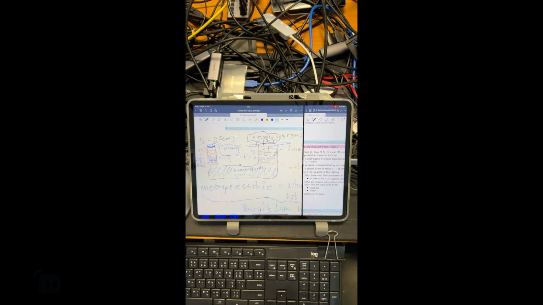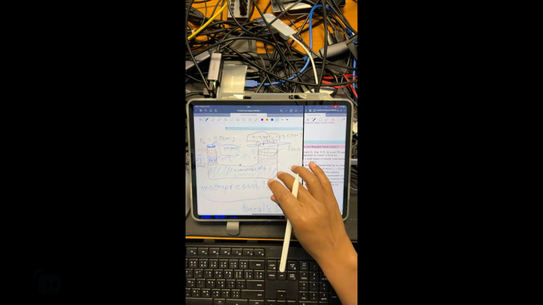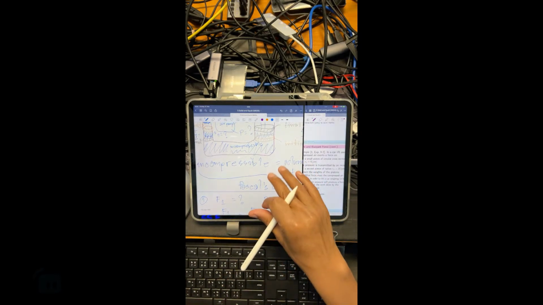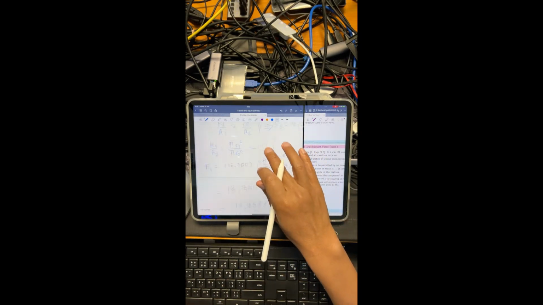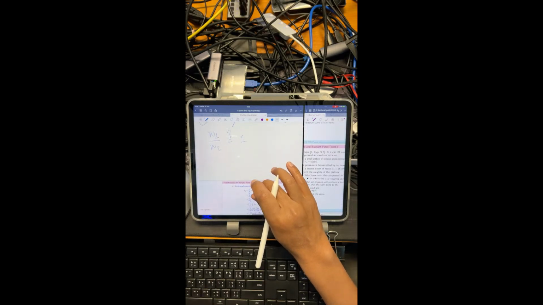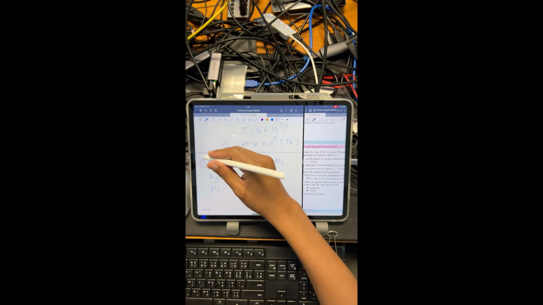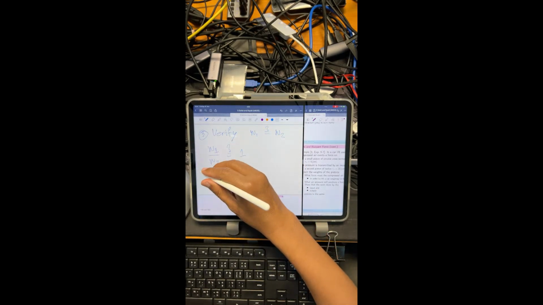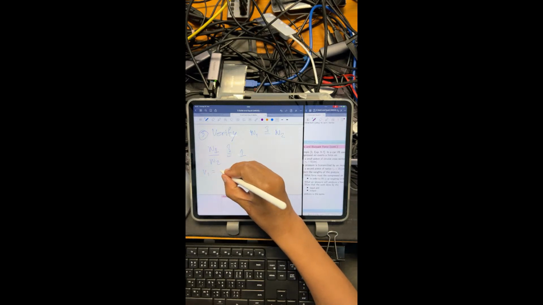All right, when the volumes are the same, we would see that the volume on the left hand side, V1, will be equal to V2, right?